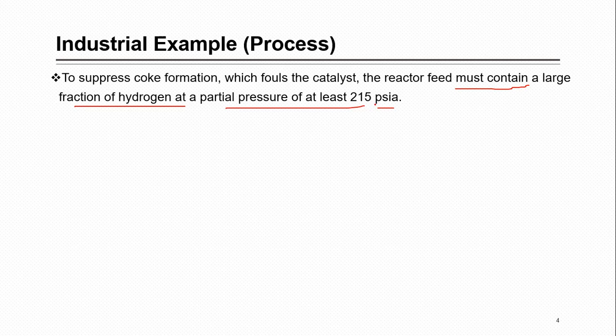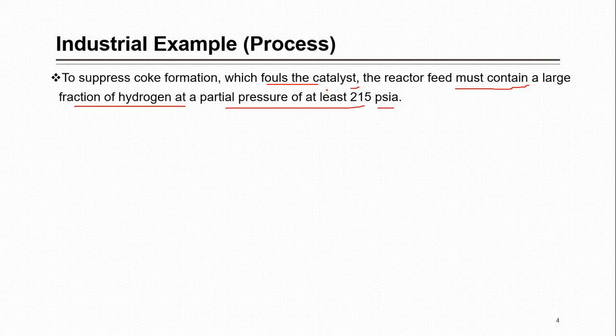If you look at the overall process pressure, which I think is 500 psi as he mentioned, the hydrogen is 215 psi partial pressure inside the system. That's a huge amount of hydrogen, and it suppresses the reaction of coke formation and fouling of the catalyst, or blocking of catalyst active sites, and this will help us increase our production of benzene and xylene.